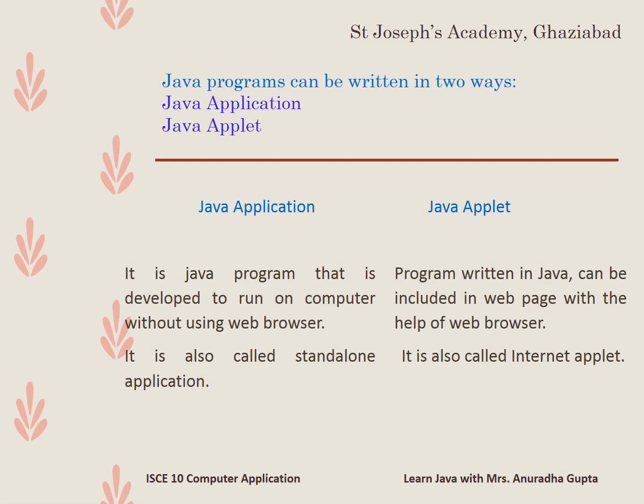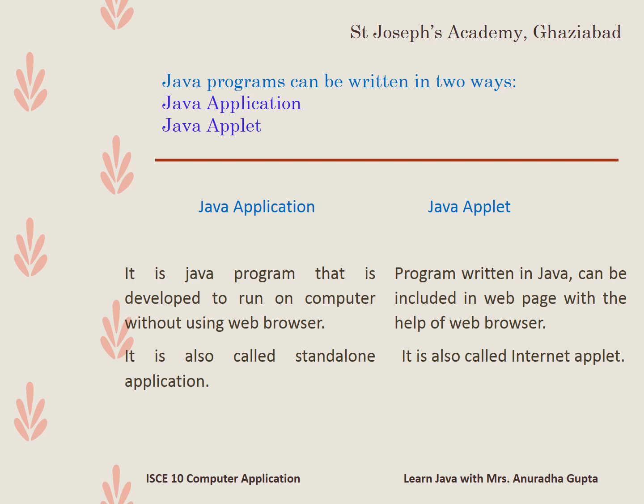Java programs can be written in two ways: Java application and Java applet. First, we look at Java application programs. It is a Java program that is developed to run on a computer without using a web browser. In Java application programs, there is no role of a web browser.